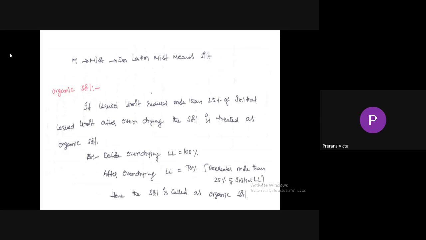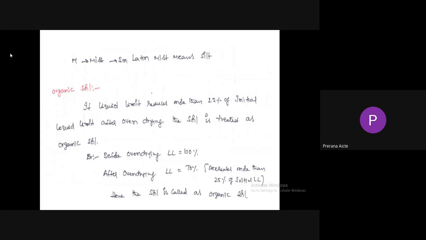Two phrases you need to understand: decreased by 25% is equal to reduced to 75%. Both have the same meaning. Reduced by 25% means the value is 75, and reduced to 75% also means the value is 75%.